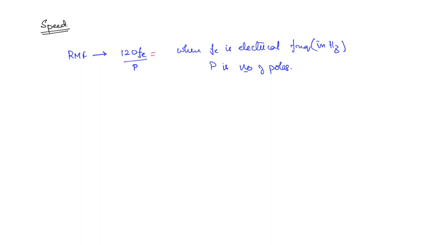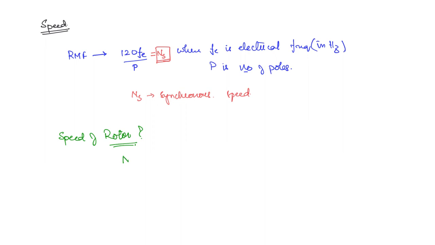Okay, how many number of poles are produced for the given configuration of the stator conductors. Now this speed is what we call as the synchronous speed ns. Okay, ns is the synchronous speed. This is the speed with which RMF is rotating. Now what about speed of rotor in the induction machine?